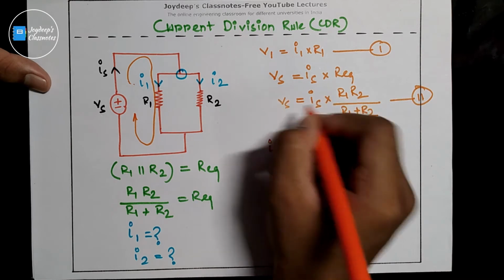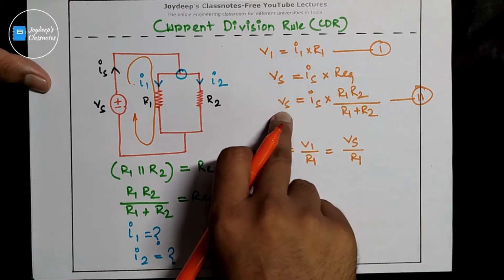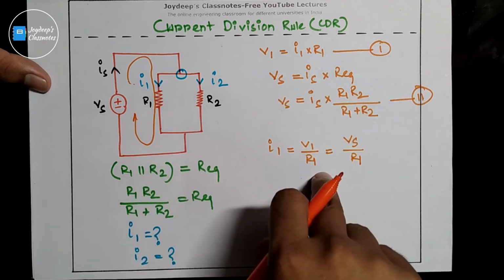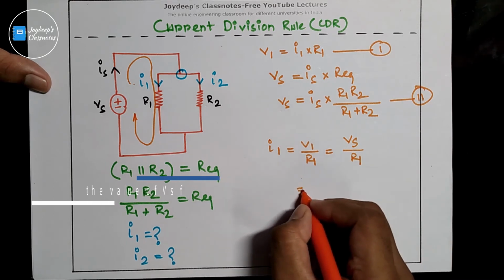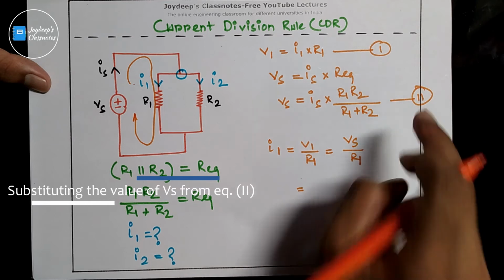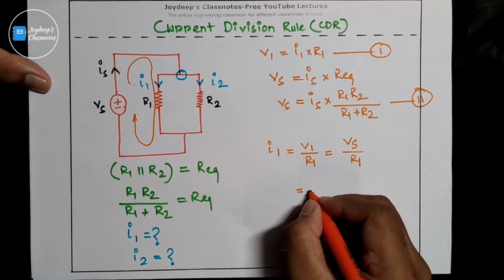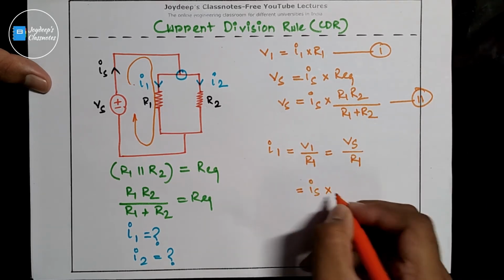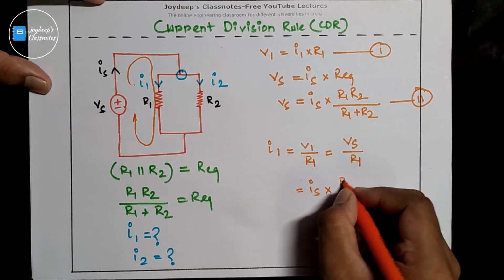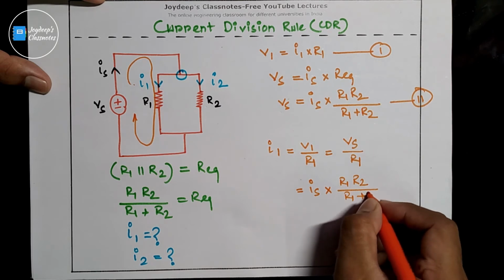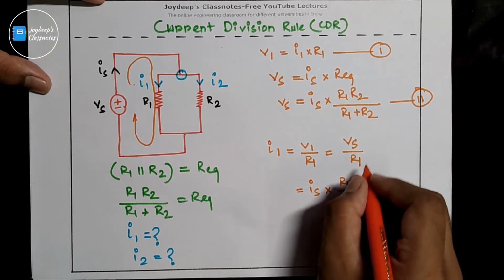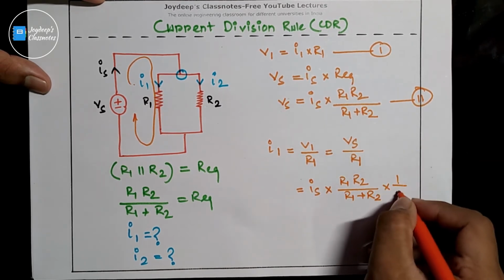Now from equation number 2, if we substitute this value of Vs in this equation, we will get this value of I1. Substituting the value of Vs from equation number 2, we get Is multiplied by R1 R2 divided by R1 plus R2, into 1 divided by R1.